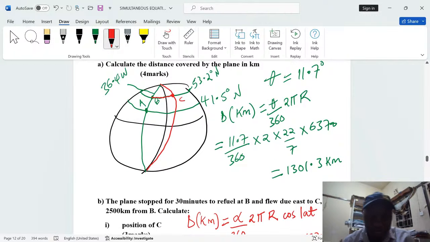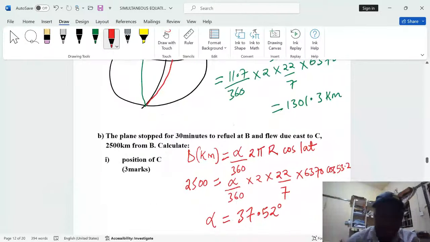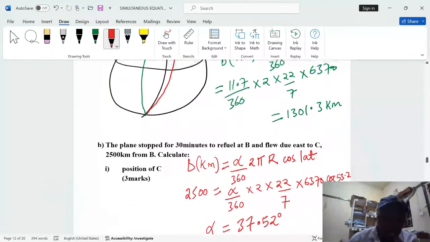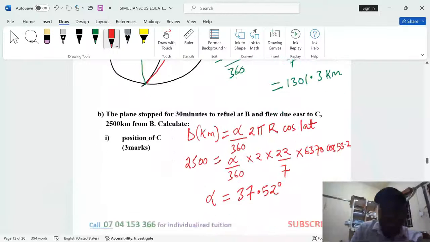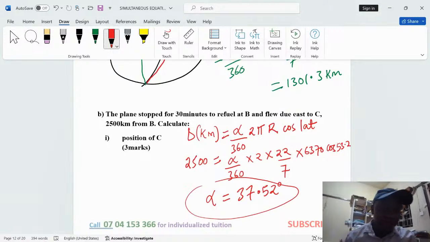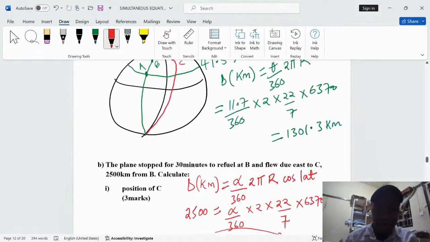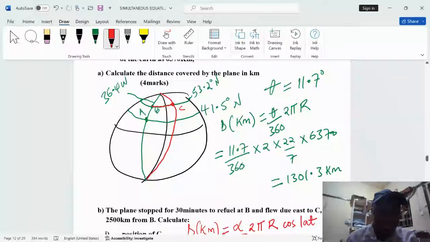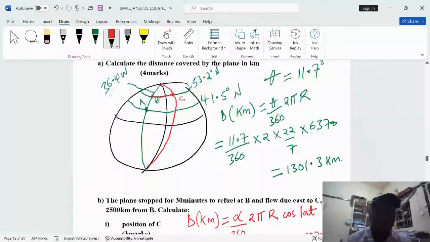36.4 degrees in the west. You cover an angle difference of 37.52. That is to tell you that since we are already at 36.4, we are going to cover the whole 36.4 and go even to the other side.